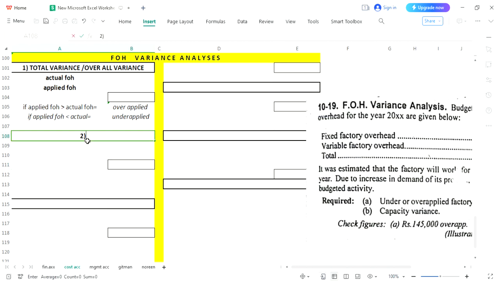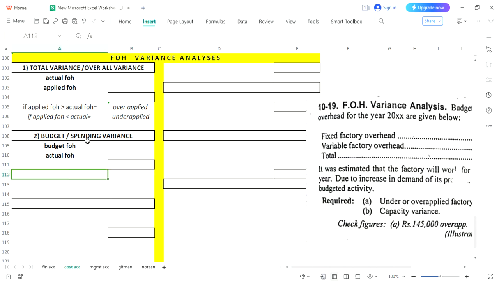The second requirement is your budget, also called spending variance. And how do you calculate budget or spending variance? You will create a relationship between your budget FH and actual FH. Here you will calculate the difference between budget and actual FH.